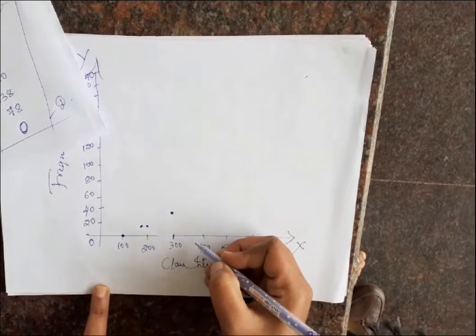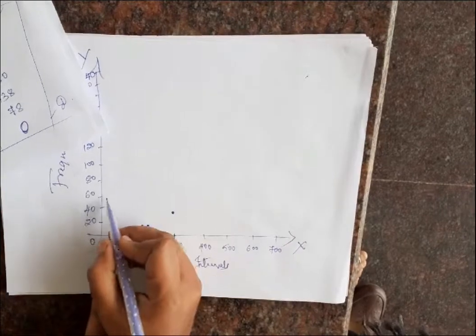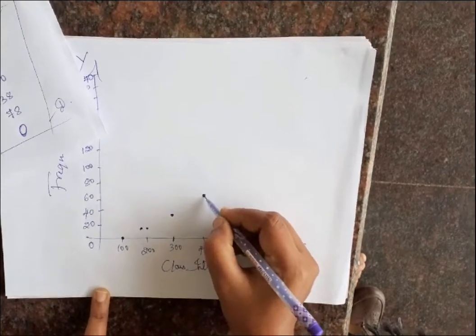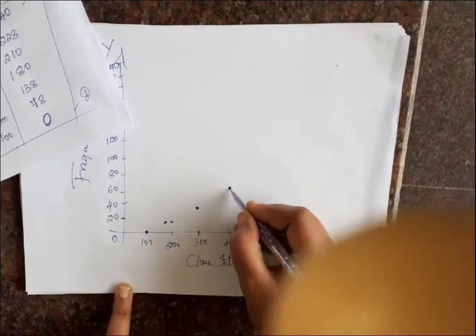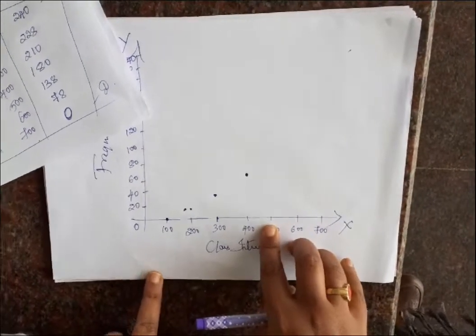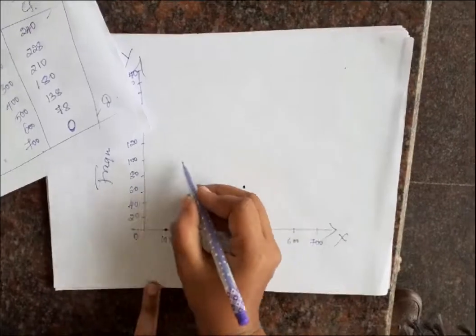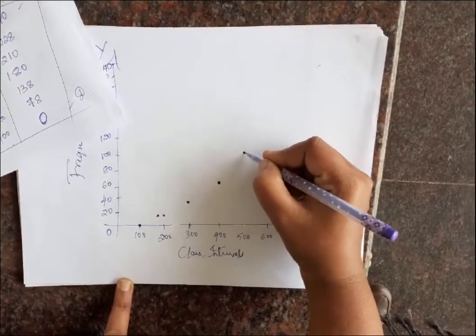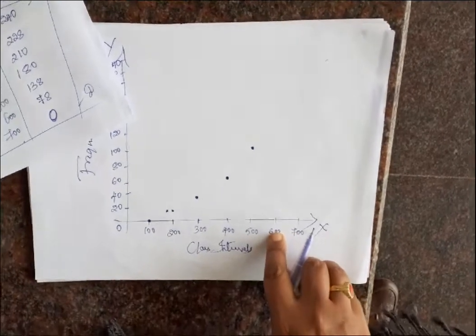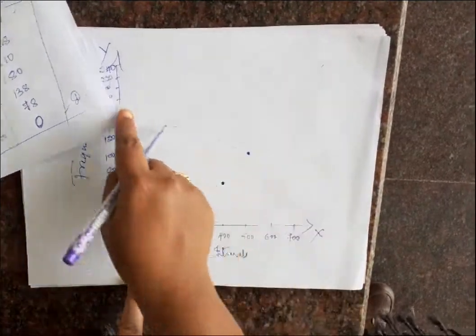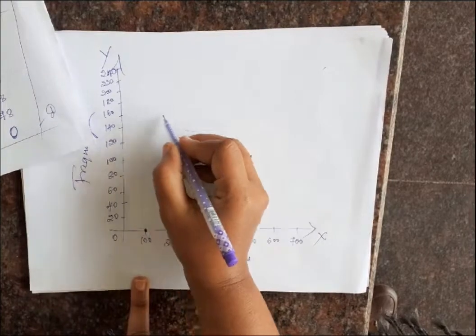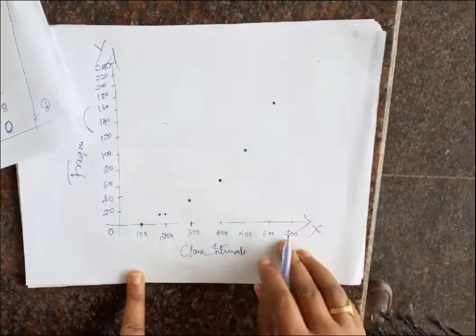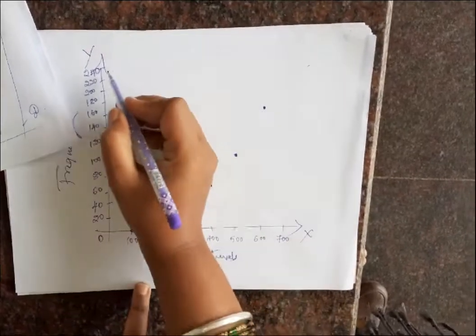Then for 400 we have 60 here. See, approximately I am marking. You can use graph paper so that you will get the exact median. For 500 we have 102, so we have 100 here, so 102 will come somewhere. Then for 600 we have 162, so 160 is here, so 162. Then for 700 we have 240 here.